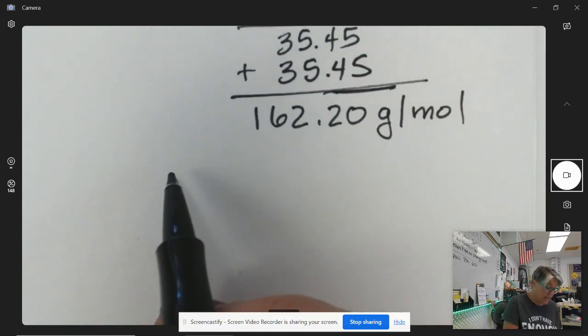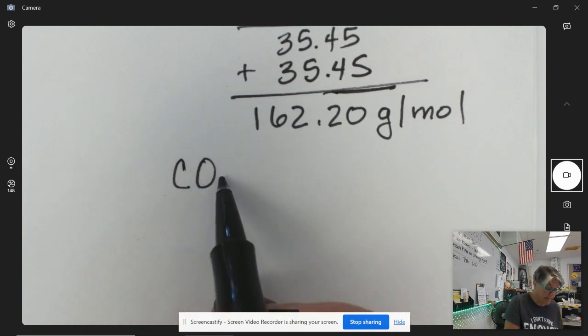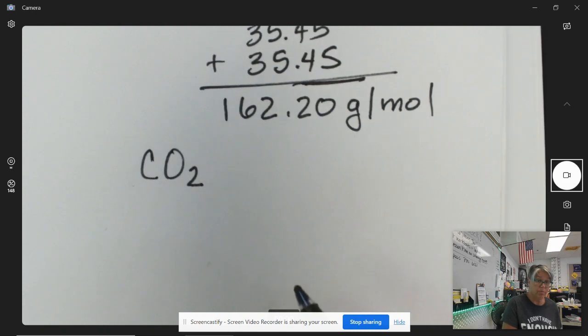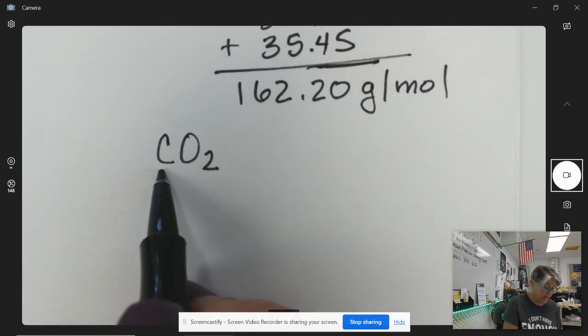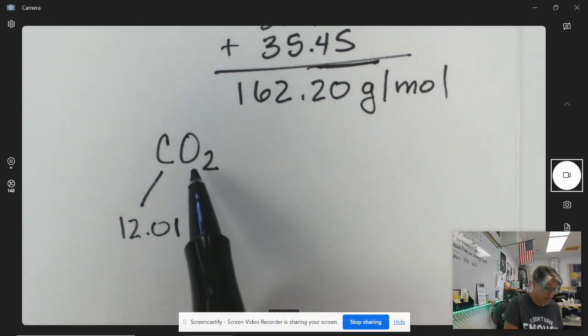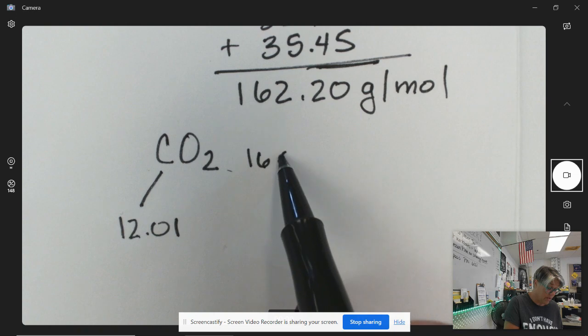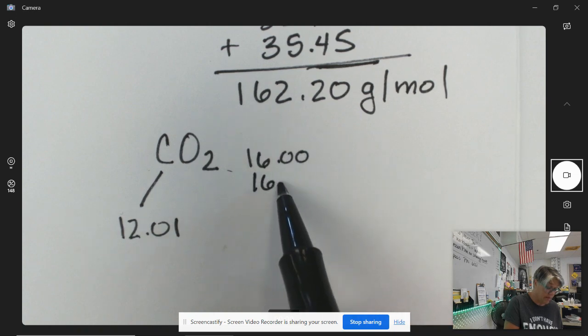If we tried another one, because there will be one on the test, what about carbon dioxide? CO2. What would the molar mass of carbon dioxide be? Well, carbon is 12.01, and I have two oxygens at 16.00 each.